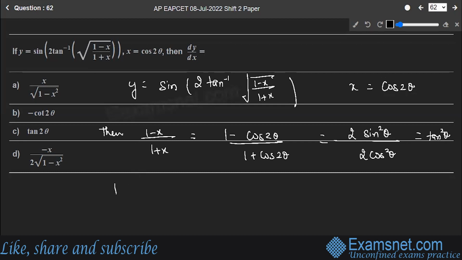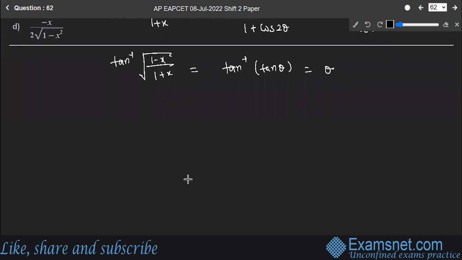So tan inverse of 1 minus x upon 1 plus x can be written as tan inverse of the root of this. So this will be tan inverse tan of theta. That is equal to theta only, right? So y becomes, in the original equation, y is equal to sine 2 theta. Derivative dy by dx can be written as dy by d theta upon dx by d theta.